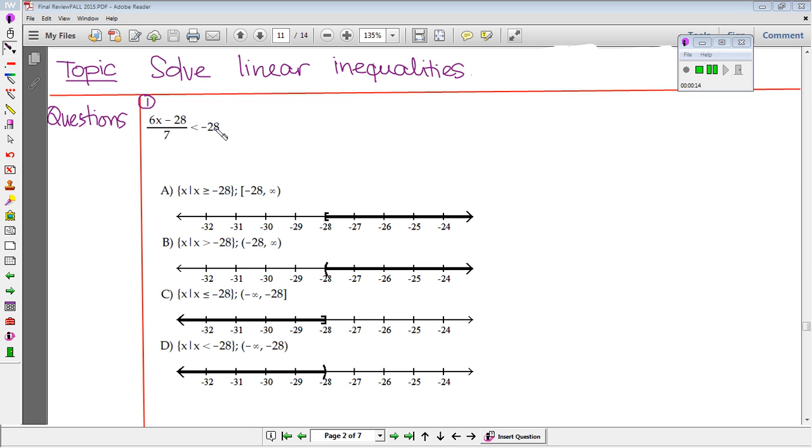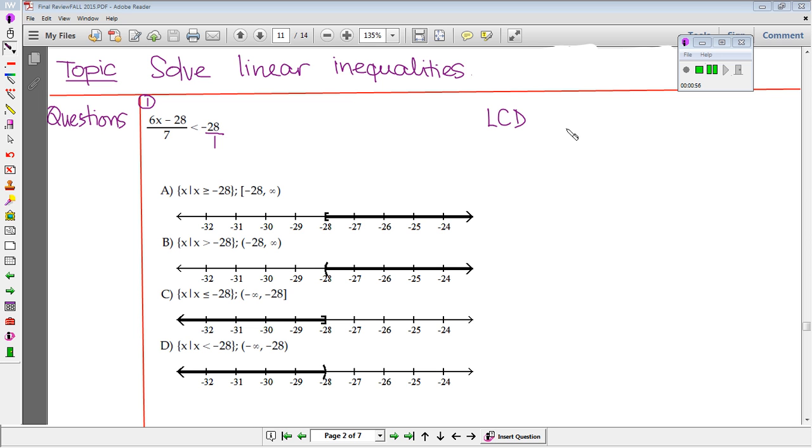Now to make this integer become a rational number or fraction, you insert 1 for the denominator. So now you have denominator 7 on the left and 1 on the right. We have to look for the least common denominator.